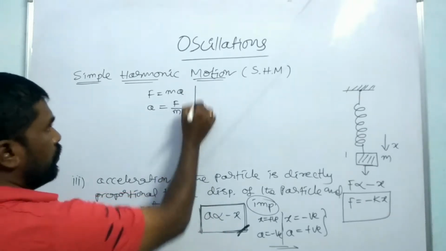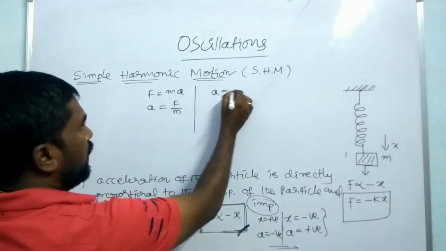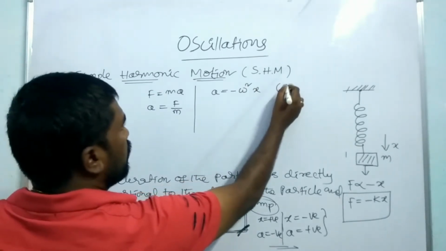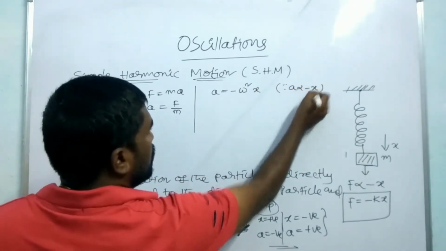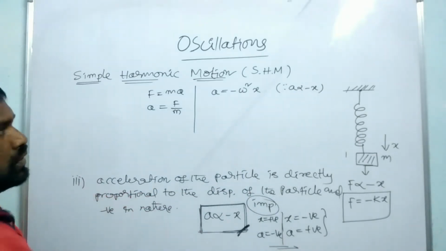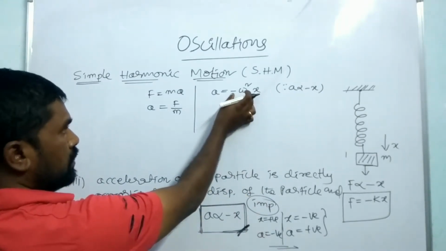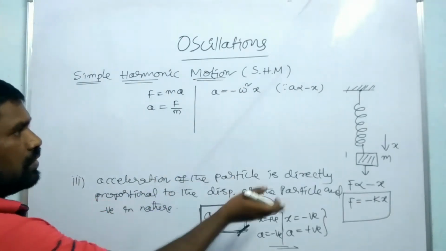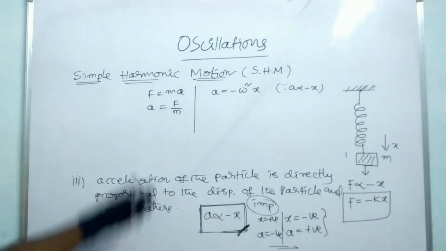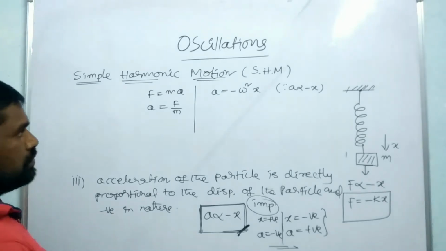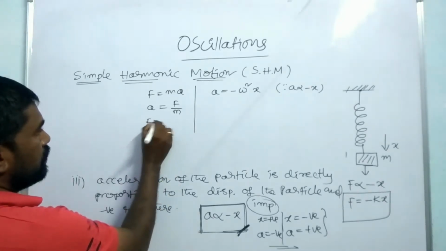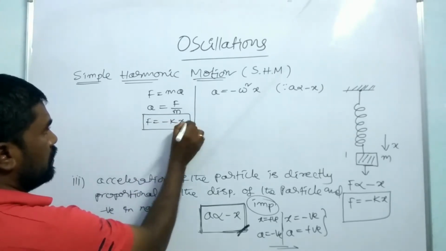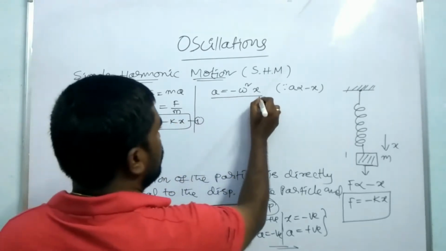From a proportional to minus x, we can write a is equal to minus omega square x, where, once the proportionality is removed, omega square is taken as a constant. How we can take omega square as a constant, we will see in our next topic. So F equals minus Kx is equation 1, and this is equation 2.